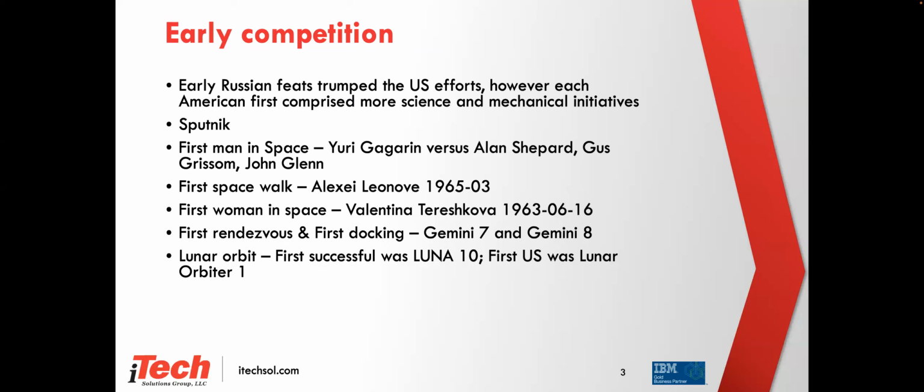So first man in space was Yuri Gagarin versus Alan Shepard. And there was a good 18 months difference there. John Grissom and John Glenn. But we don't know that much about anyone other than Yuri Gagarin. We can tell you a huge amount of information about the Mercury 7, right? They were 7 people who were splashed all over the place.